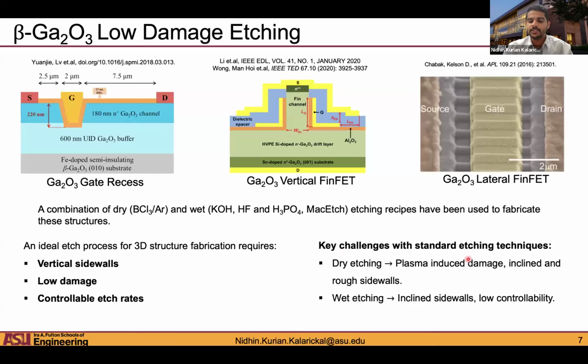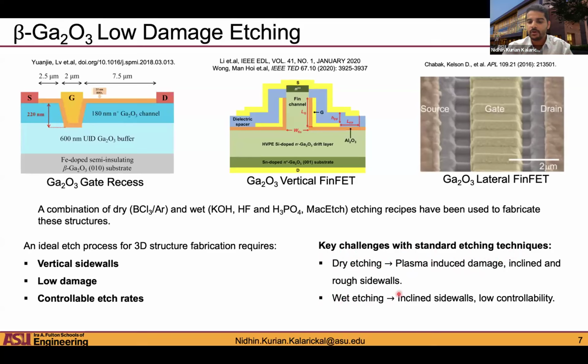But some of the key challenges with standard etching techniques, particularly dry etching, is the plasma-induced damage. And many times you get inclined sidewalls as well. You don't get straight vertical sidewalls, which you sometimes require in certain devices. But the key problem here is the plasma-induced damage, because you're really using a plasma to etch gallium oxide.